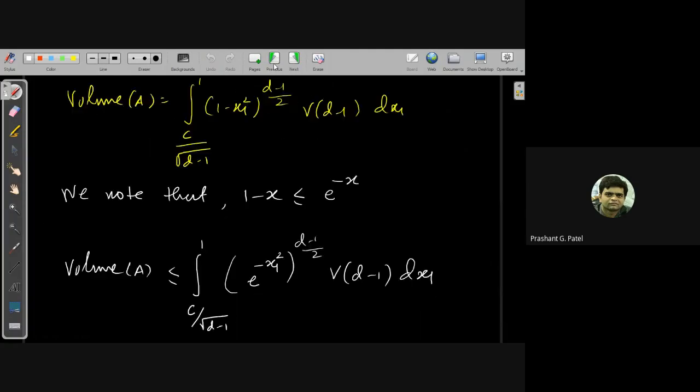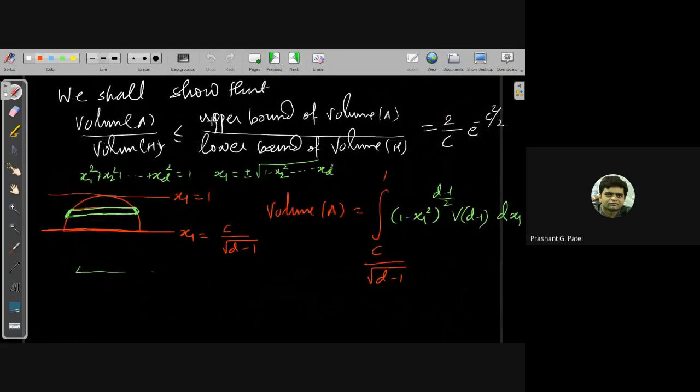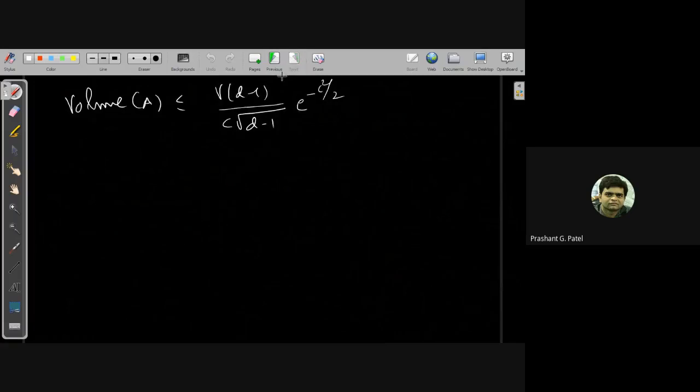Now ultimately what we need to obtain is this. We got the upper bound of the volume of A. Now we need to find out the lower bound of the volume of H. Okay, so H is the hemisphere that we have.